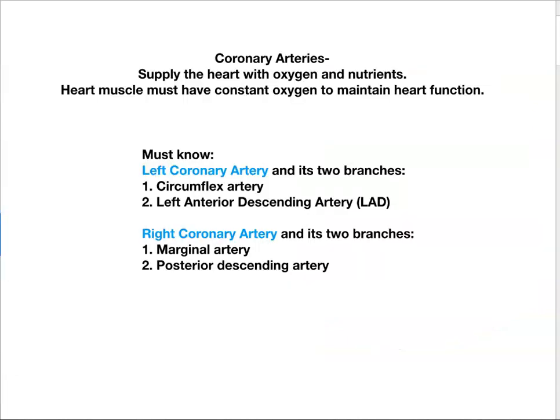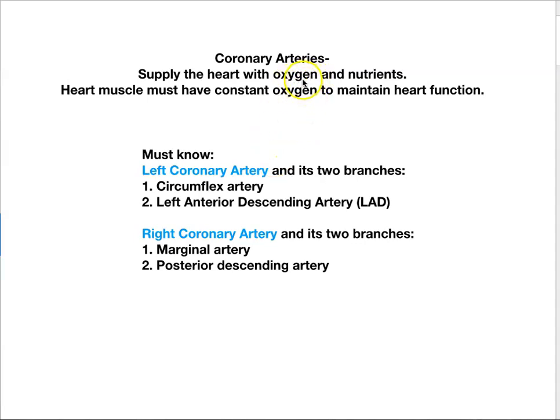Now we're going to look at those blood vessels. The coronary arteries. Coronary arteries are important. Coronary artery disease is disease of the coronary arteries. These are the arteries that are supplying the heart with oxygen and nutrients. If you do not have oxygen to the heart, it's not good.